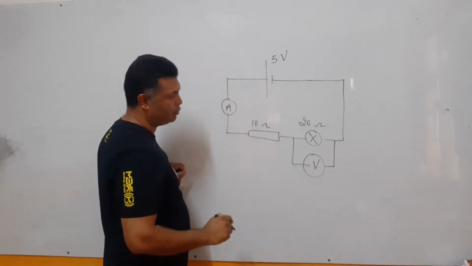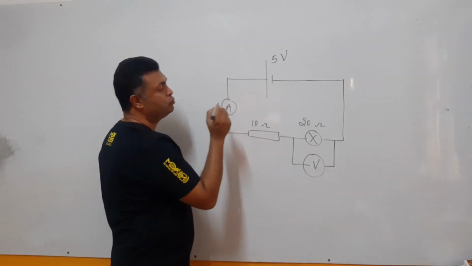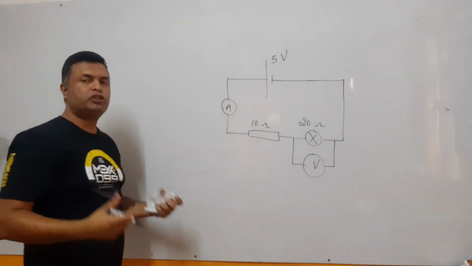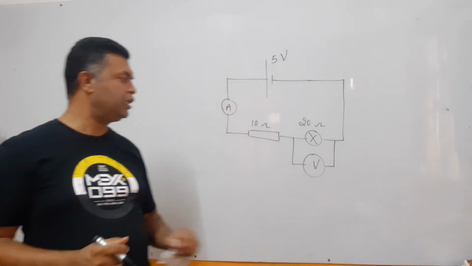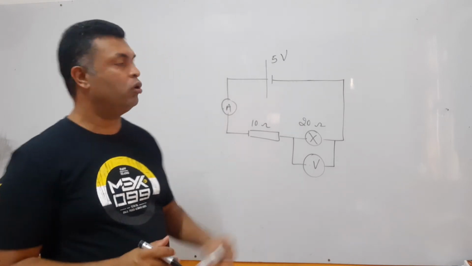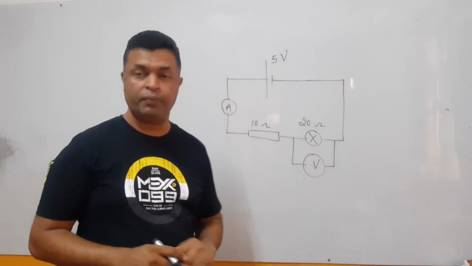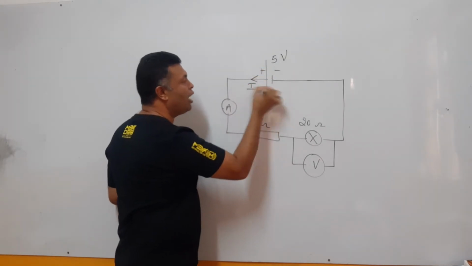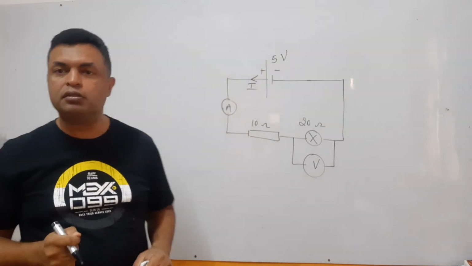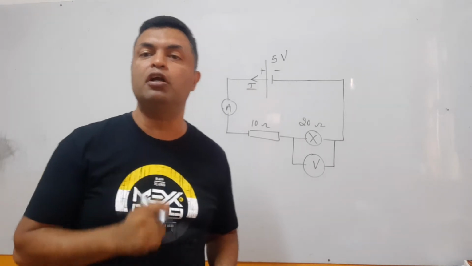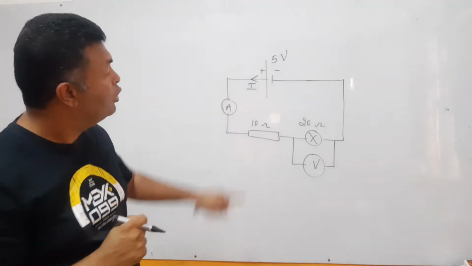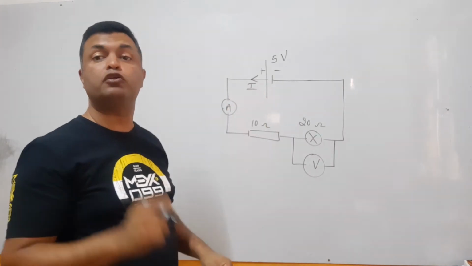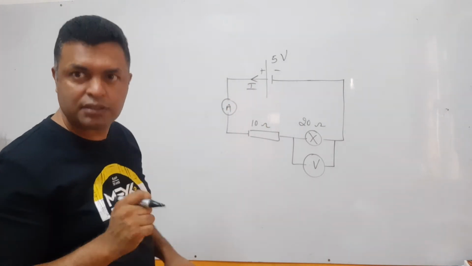Now, first thing you have to calculate to obtain ammeter reading and voltmeter reading. The question will be telling you to find the ammeter reading, the voltmeter reading, or the current flowing in the circuit. Now, to calculate the current from here, let's say this is I, the current leaving the positive terminal of the battery. To calculate this current, first you calculate the total resistance in the circuit.